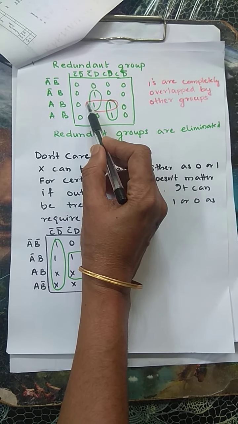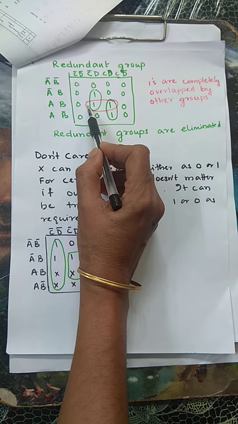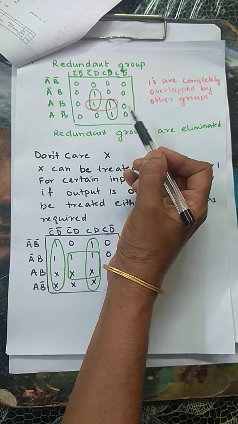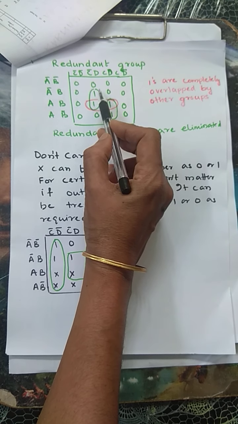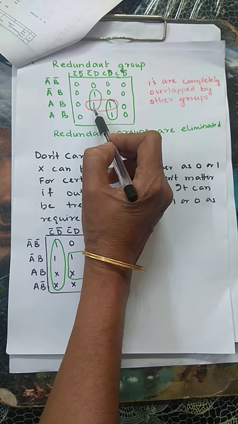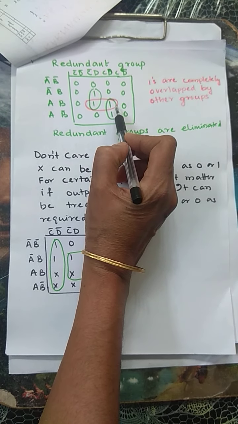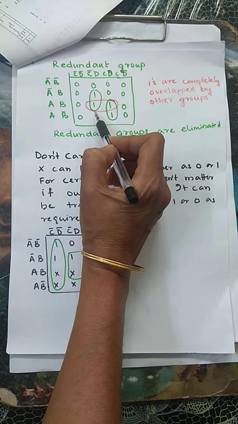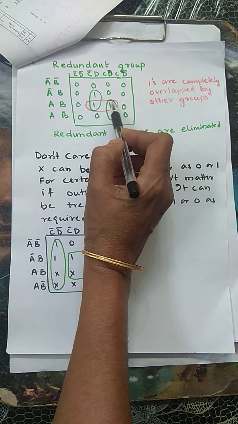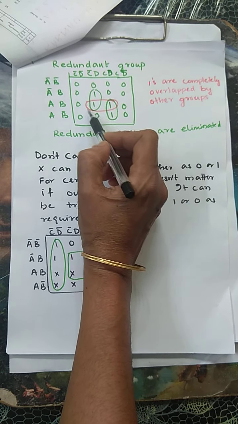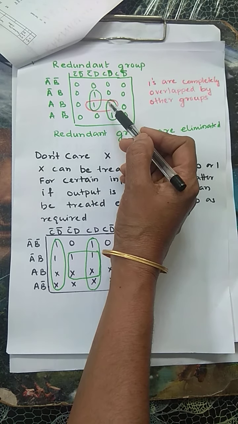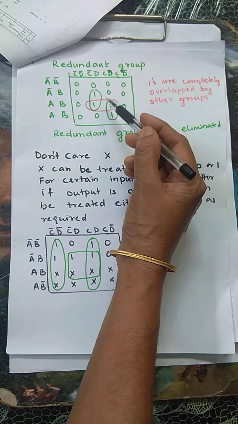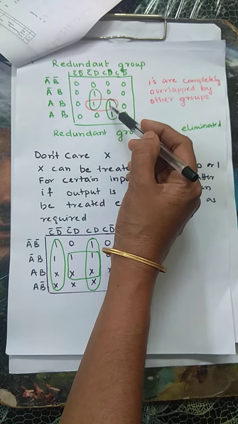Redundant group means the one you are seeing in red. Its members are completely overlapped by other groups. They are shared by other groups. They have no independent existence. They have to be shared by other groups. So we can call this a redundant group. Redundant groups are eliminated, you cannot consider this as a group.